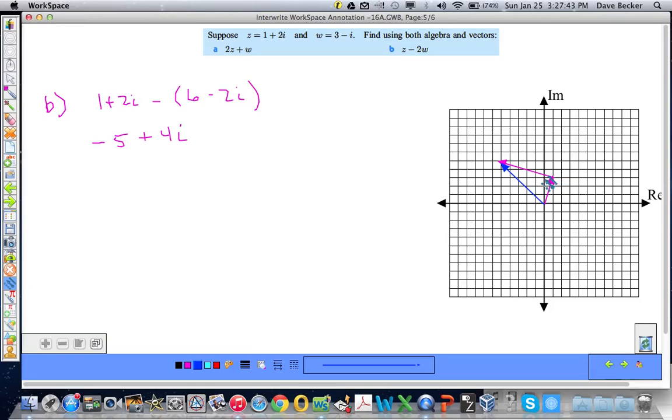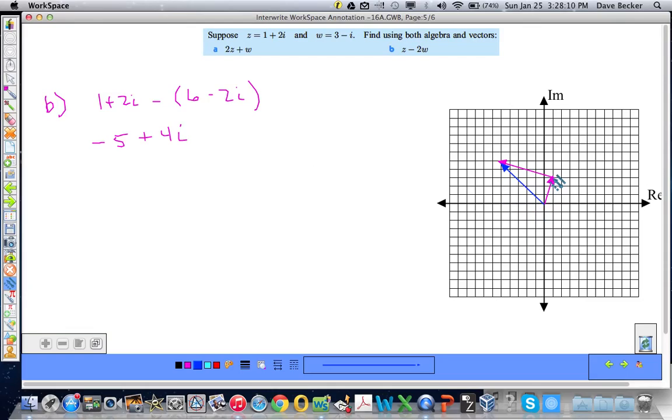Did I go too far? 1, 2, 3, 4, 5, 6. 2 times 3 is 6. What is the matter here? So that is 1, 2, 3, 4. Why am I doing this wrong?